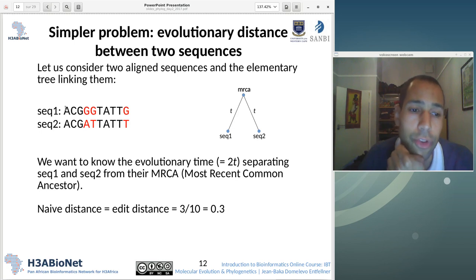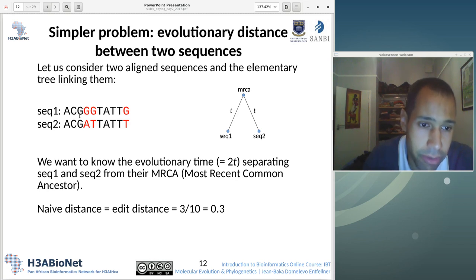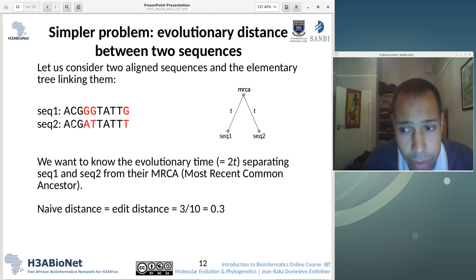You assume that these two nucleotides that are aligned come from the same ancestor. That's the basic assumption that you make, and that's the assumption that should have driven the process of aligning these two sequences.